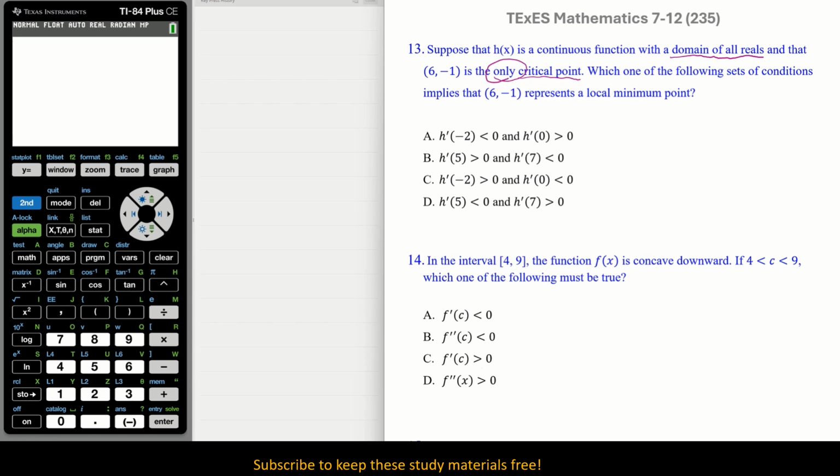Here's the thing. The minute they gave you all this information, this should completely scream to you that we are graphing a quadratic that opens upward, and that point tells me we have a shift.